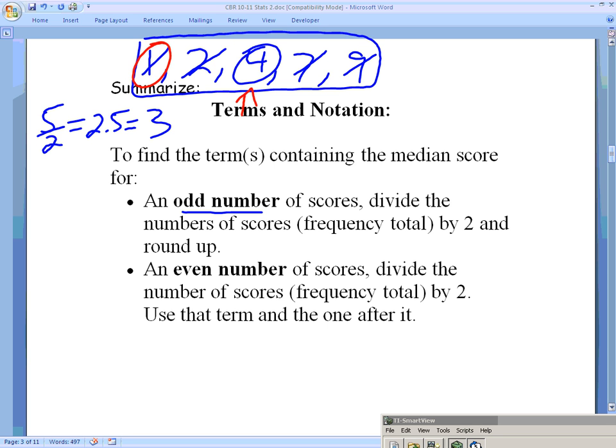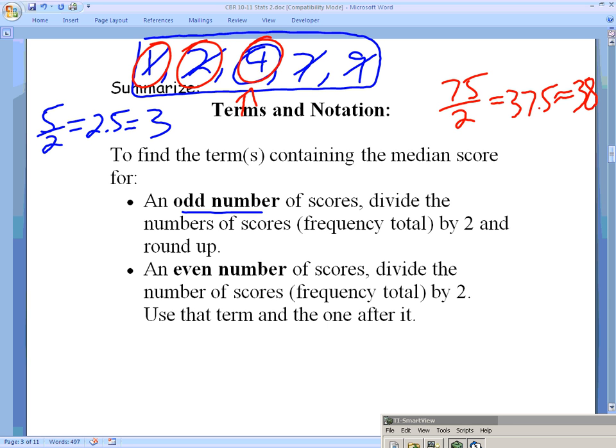Here would be our first term, our second term, and then our third term out of the 5. Well, that also works if you have a much bigger one. Like, let's say I had 75 numbers. I divide 75 by 2, and I'm left with 37.5, which rounds to be 38. And so whatever the 38th number is in the row, that is my median. And that way I don't have to do all those slashes and write out all those numbers.